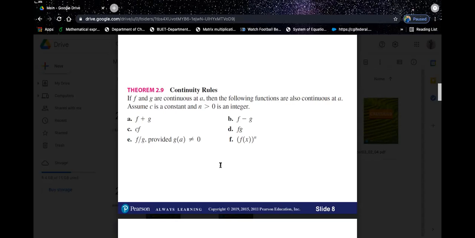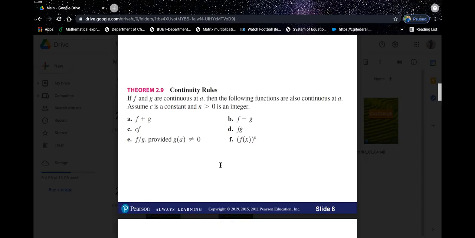Obviously, for checking continuity, you also need the concept of limit, right? So you need the previous concept to move forward. If you don't have a clear concept of limit, you might struggle to find continuity.